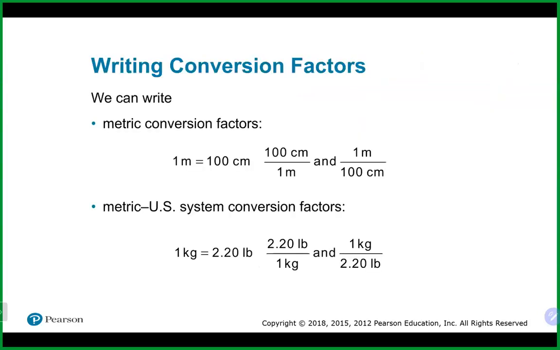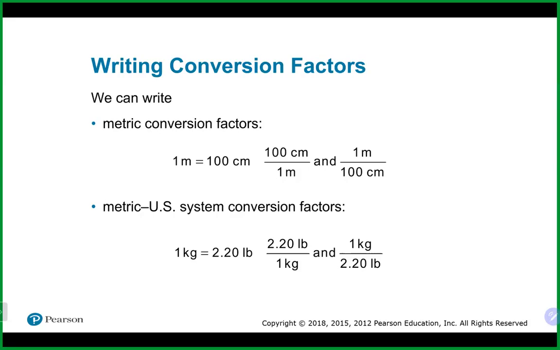All right, so here are some examples, and we've been doing this along the way, so we're going to go through this a little bit quicker. But 1 meter is 100 centimeters, and from any equality, we can pull out two conversion factors. So those would be the two conversion factors we get: 100 centimeters over 1 meter, and 1 meter over 100 centimeters.